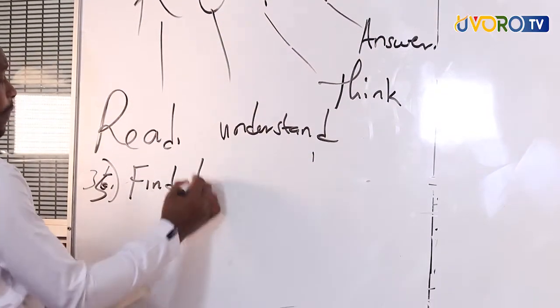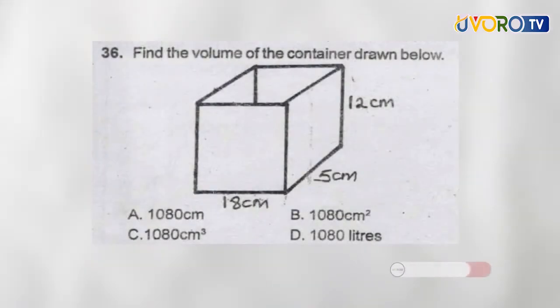We are in 35. Find the volume of the container that is drawn.